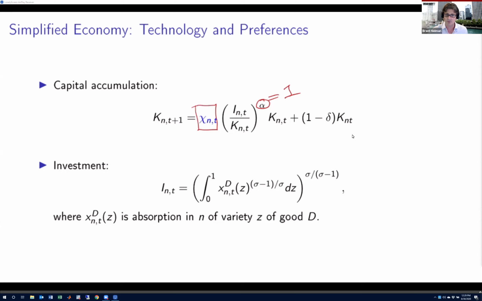Again, that's a shock that we're going to allow to vary freely over time and across countries. We'll allow it to move and be whatever it has to be to explain the investment behavior in that country at that time period. Again, the idea is this is like an investment efficiency shock. That's the phrasing I think introduced, or at least used, by Primiceri and co-authors. But you can also think of it as essentially a shifter in demand for investment, okay?